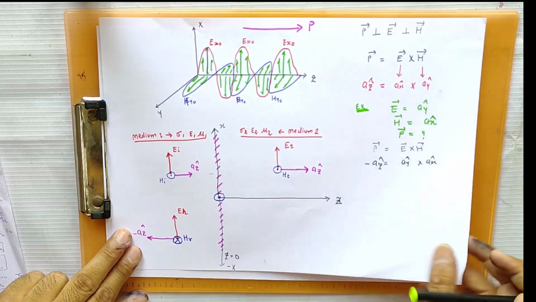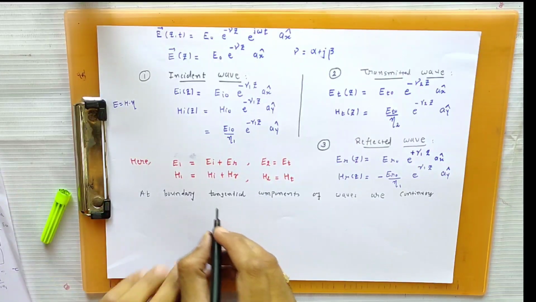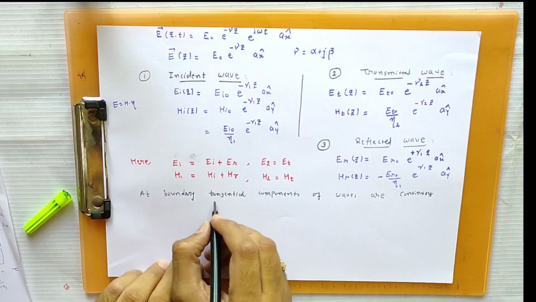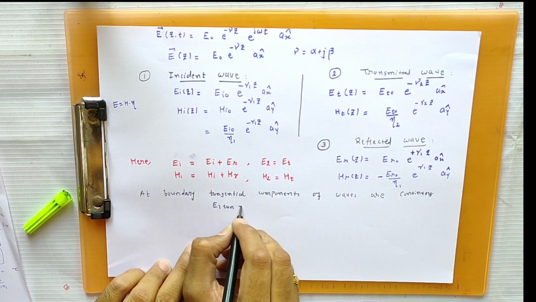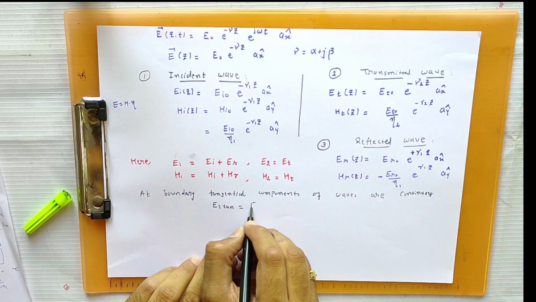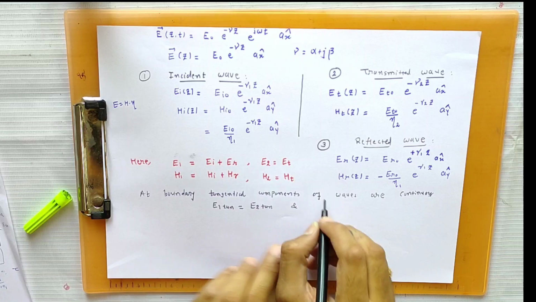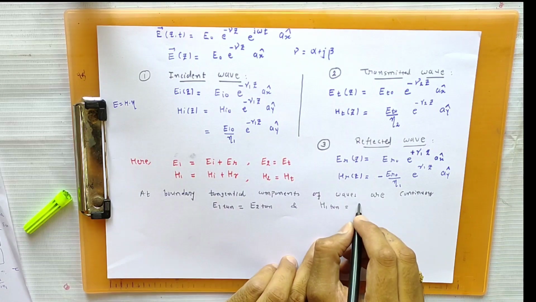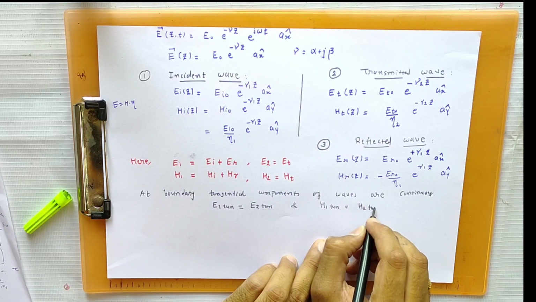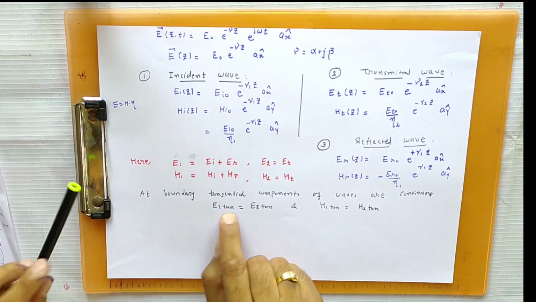So we can say that the tangential components of both waves are continuous. That means we write E1 tangential is equal to E2 tangential, and H1 tangential is equal to H2 tangential. Okay, so what is E1?